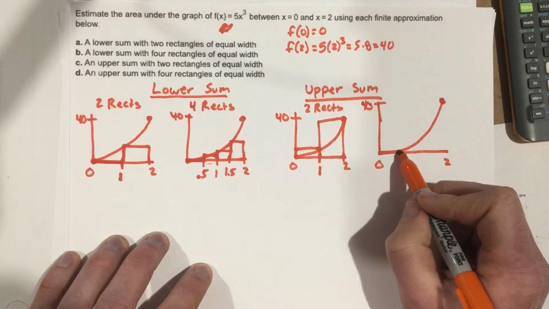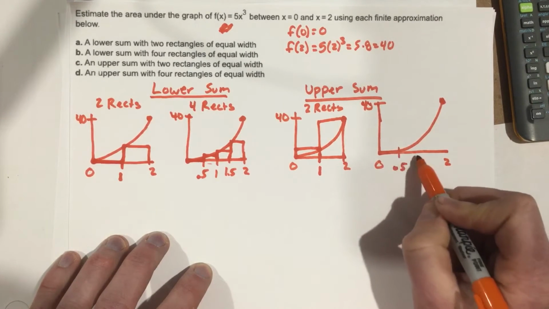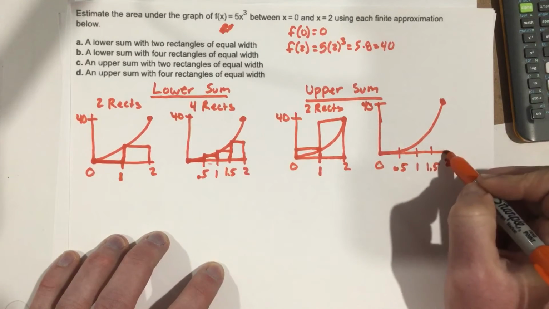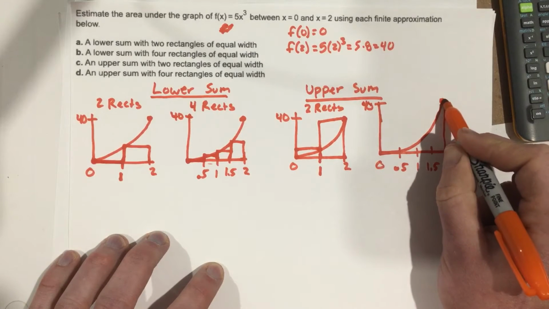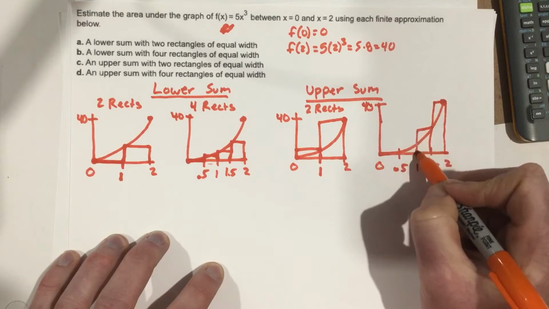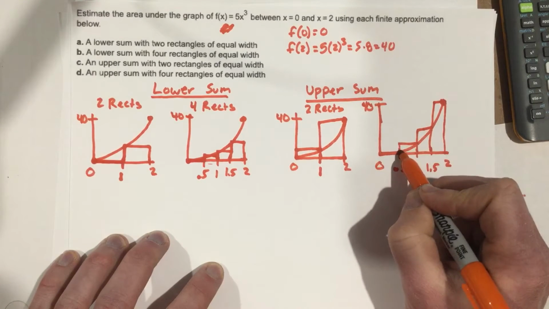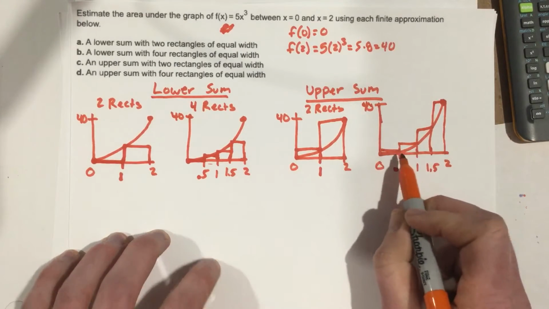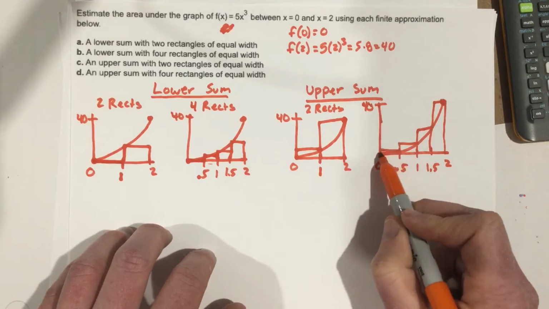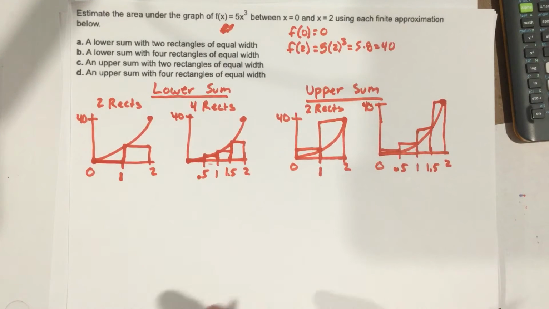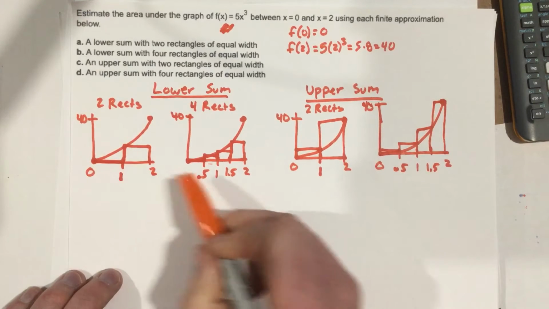Split this into 4, so this would be 0.5, this is 1, and this is 1.5. You can see my upper rectangle will be here. The next rectangle is there, and then finally we have one that goes right here. Now it kind of looks like 0 just because my graph's not very good. There's actually some area there, because you can see that little gap. It's just above.